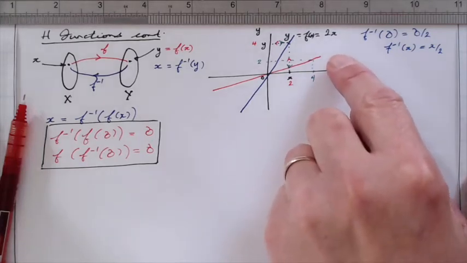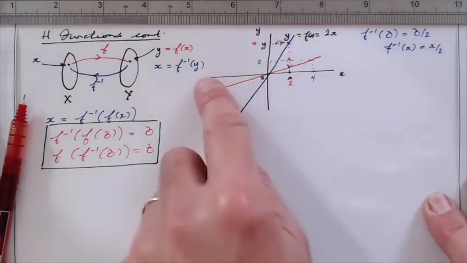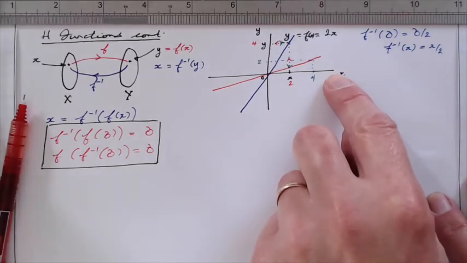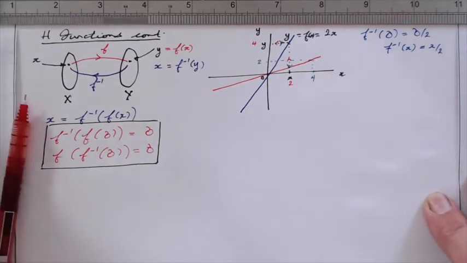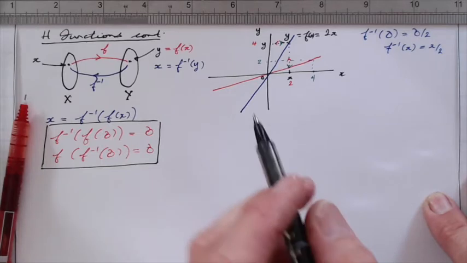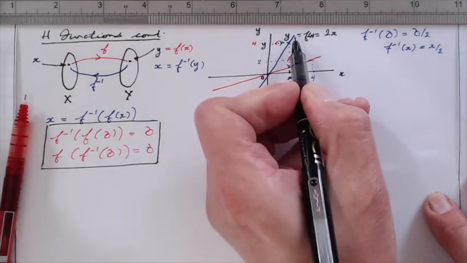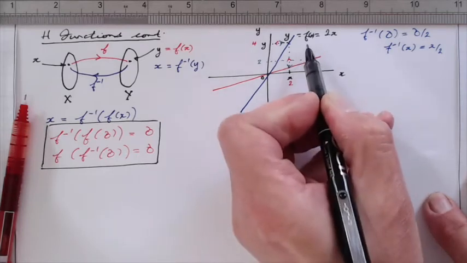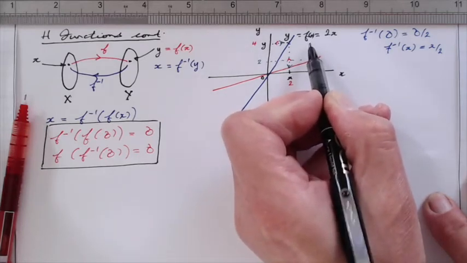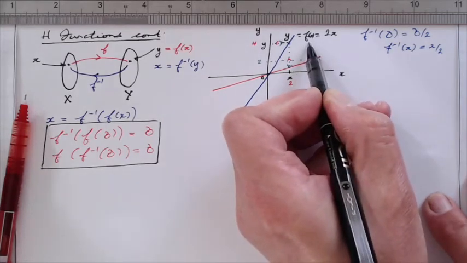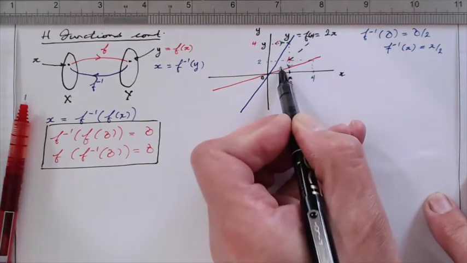Drawing the same shallow line on the same graph can look a little confusing. The reason I'm doing it though is to show you something very interesting, which is that this line is a reflection of the original function about the line y equals x, which I will draw as a dashed line.